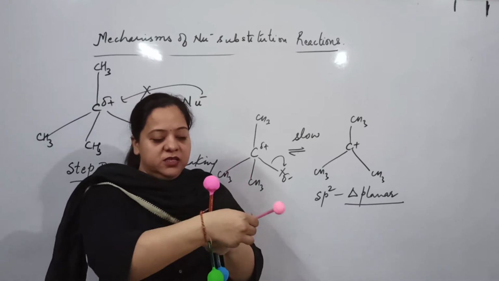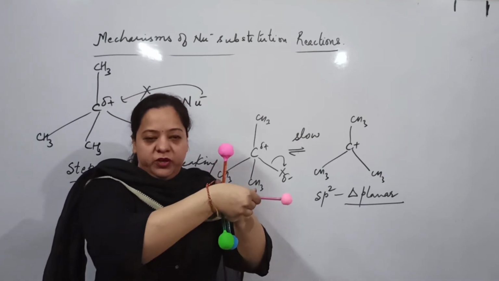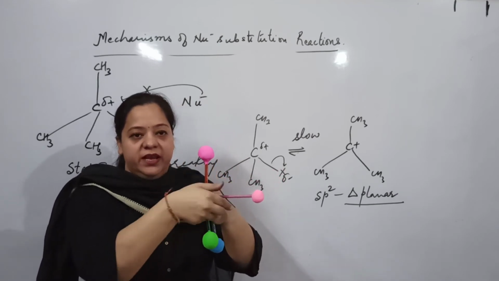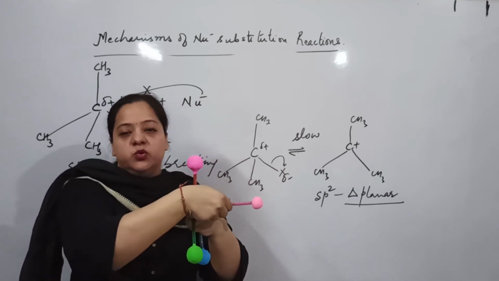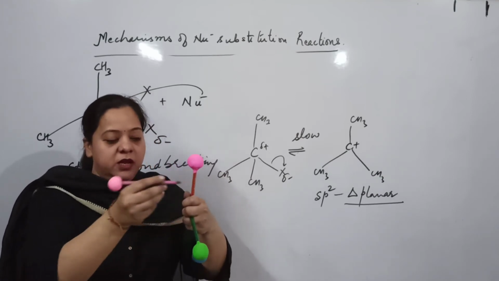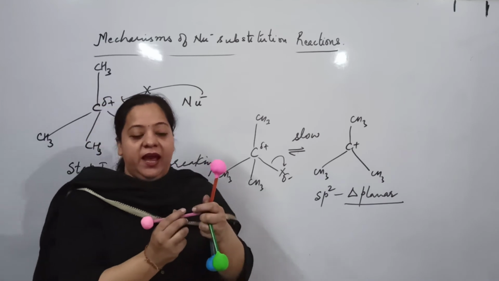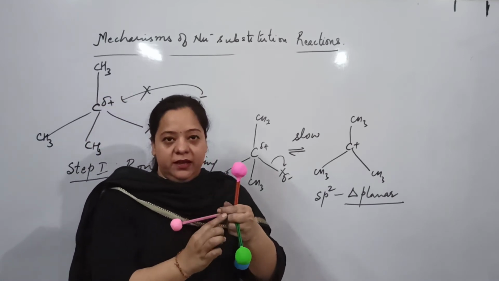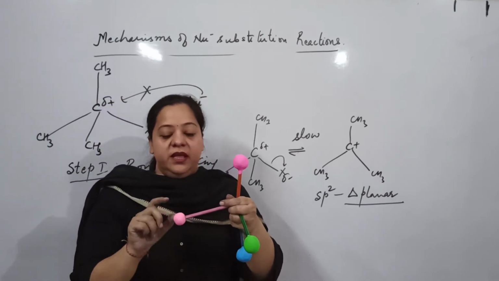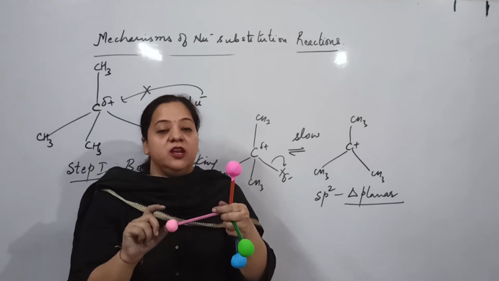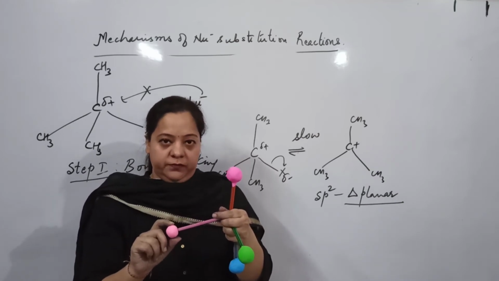So if there is frontal attack with 50% probability and if this alkyl halide is optically active, then this will lead to the retention of configuration, and if there is 50% attack from the rear side and also this optically active halide is there, then this will give 50% of the product with the inversion of configuration.